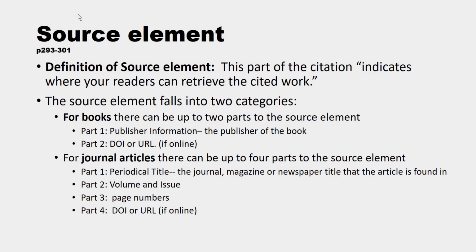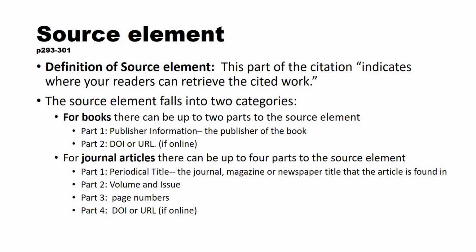The fourth element is source. The source indicates where your readers can retrieve the cited work, or in other words, the location of the cited work. Now, the source element can be a little bit more tricky because there are so many different parts to it. For books, there can be two parts to the source element.